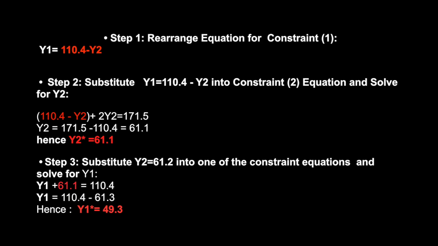If we rearrange the equation for constraint 1 from y1 plus y2 equals 110.4 to y1 equals 110.4 minus y2, and then in step 2 replace that as the value for y1 in the equation for constraint 2, we can see that we have an optimal solution of y2 of 61.1, and all we have to do now is plug that back into, let's say, the first equation, and we'll have y1 plus 61.1 equals 110.4. Hence, the optimal solution for y1 will be 49.3.